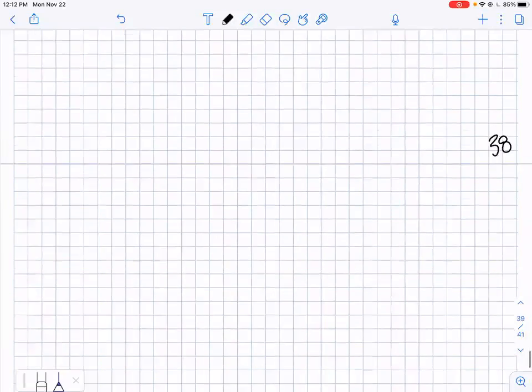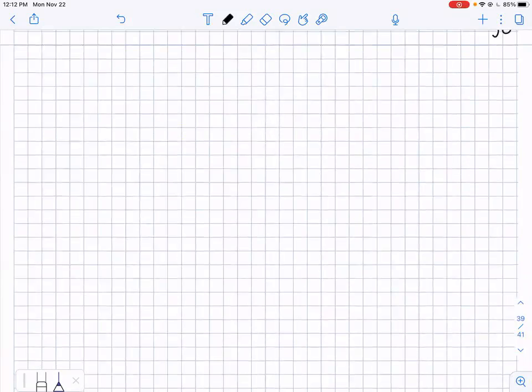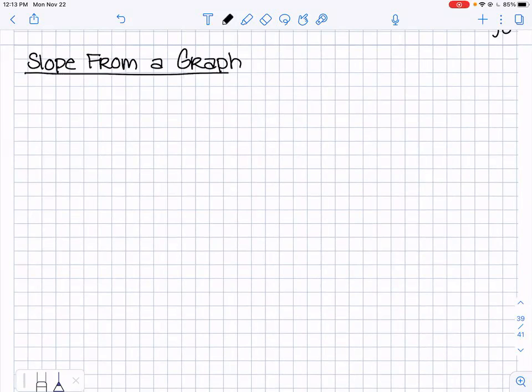Okay, the very last thing we have to do is find the slope from a graph. Okay, this, yes, can be easier depending on how you look at it. You're gonna have to be kind of careful drawing your graphs. I know we're not in love with drawing graphs. But your points do need to match up with mine in order for this to work out.